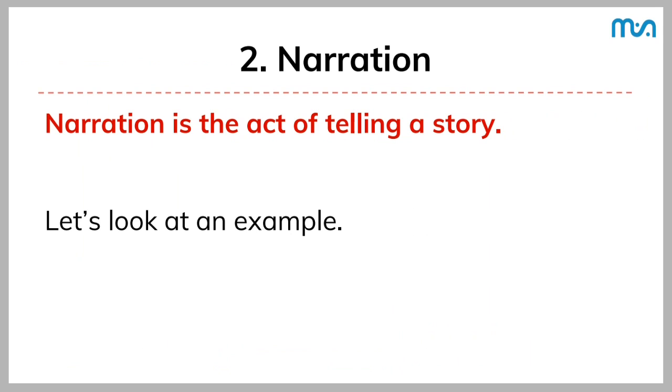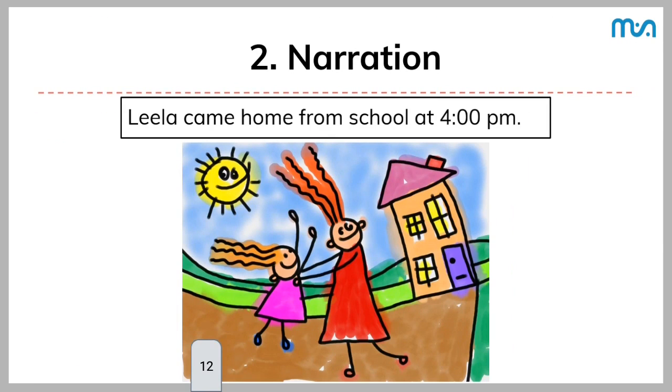And the second part, the narration. So narration is the act of telling a story. So let's look at an example, then you can understand in a better way. So narration, see, Leela came home from school at 4 p.m. So this is narration.